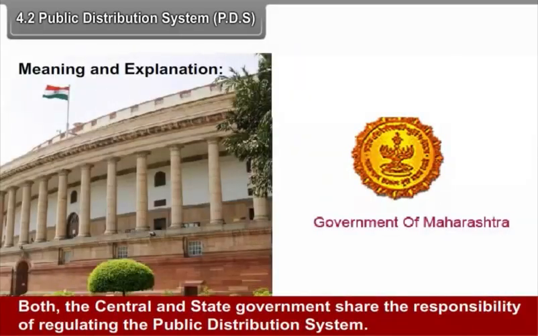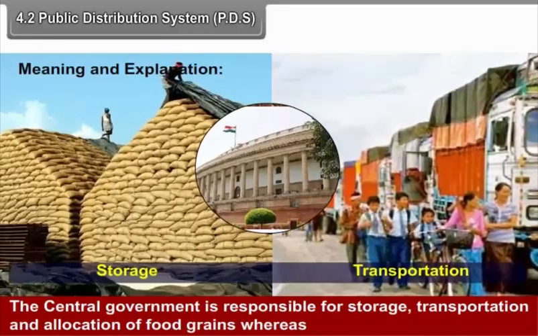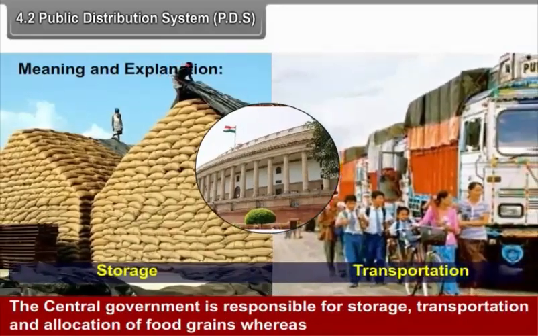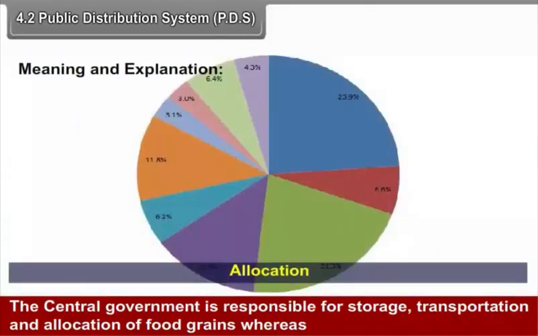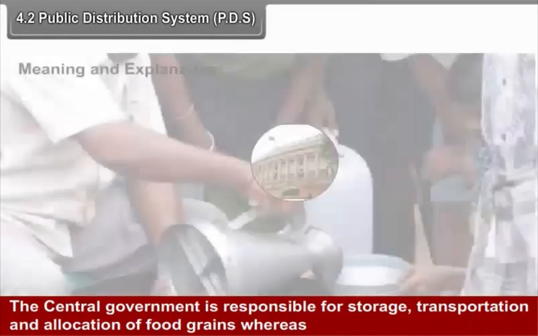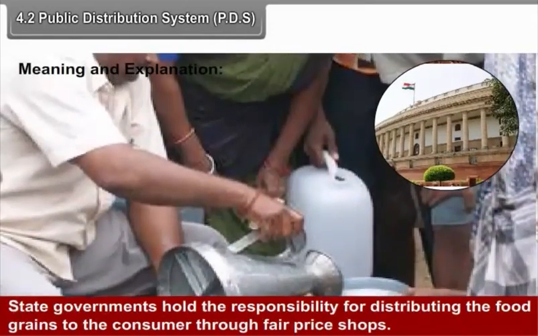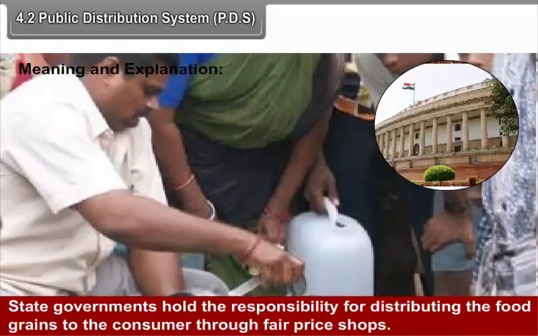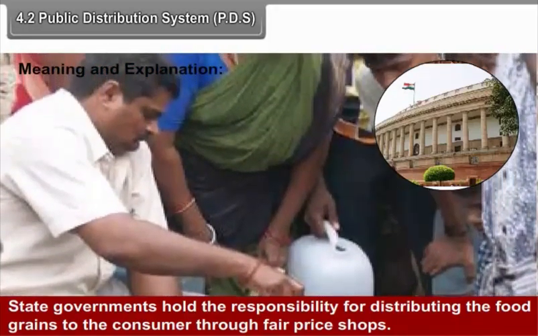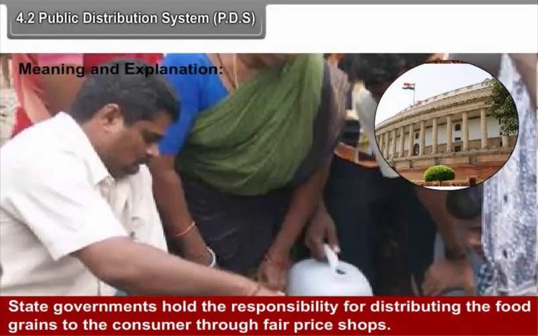Both the central and state government share the responsibility of regulating the public distribution system. The central government is responsible for storage, transportation, and allocation of food grains, whereas the state government holds the responsibility of distributing the food grains to the consumers through fair price shops.